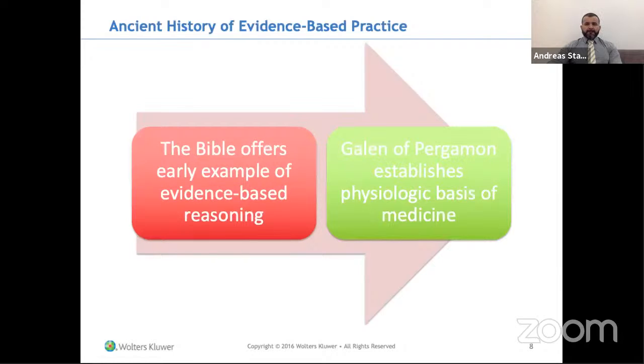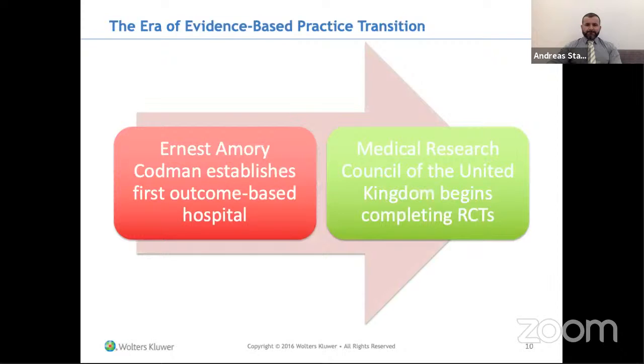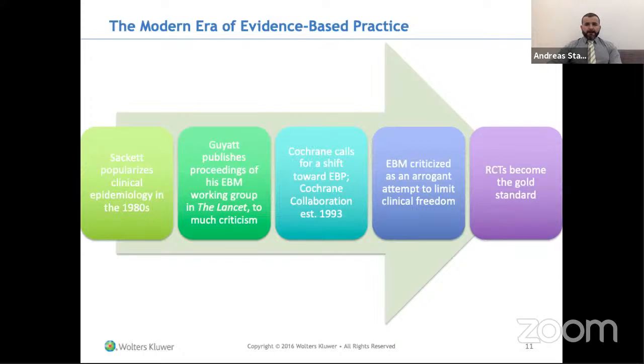Here are some historical data that I'm not going to go over. It's things that you can read by yourselves in our textbook, right? And they go all the way to RCTs. So RCT, and you'll see that in our book is the gold standard, right?